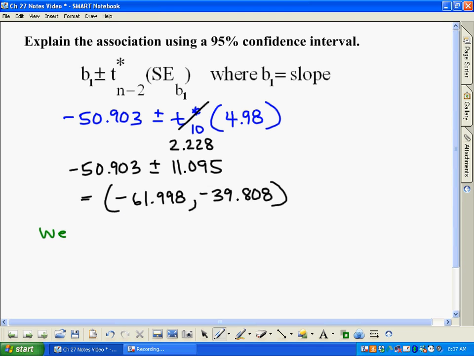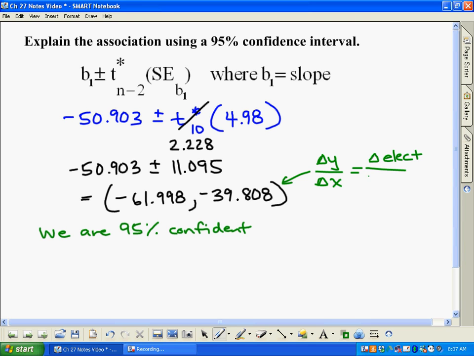So we say we are 95% confident, and as always, this is about our slope. Slope is delta y over delta x, and y in this case was electrical usage, so I'm going to say ELECT, and x was the average monthly temp, so I'll say temp.